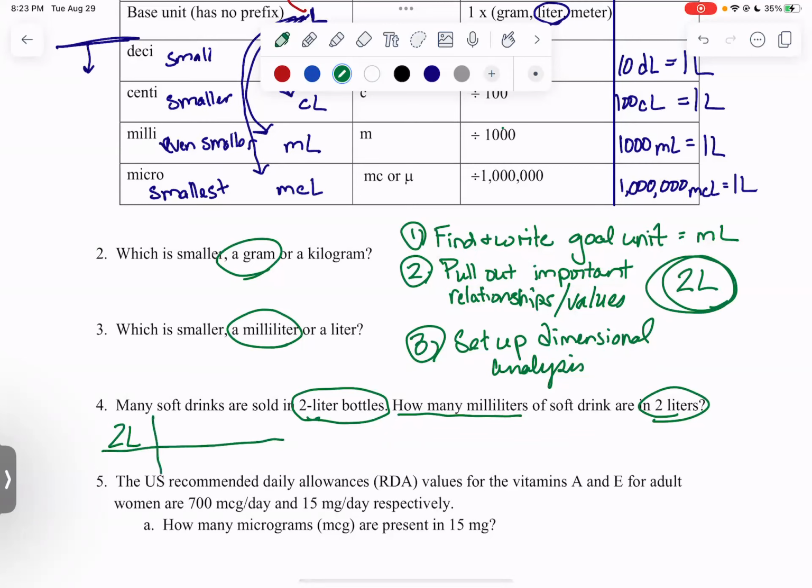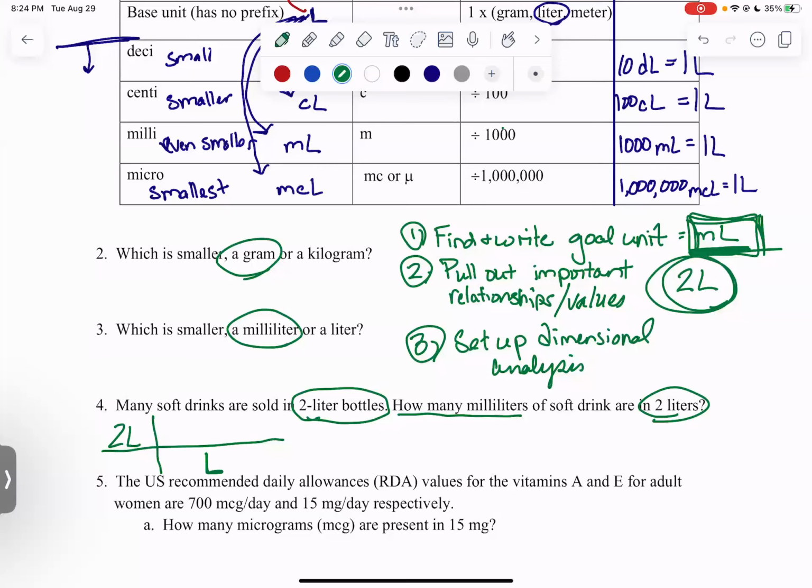I'm going to set up my fence post because I know I'm doing dimensional analysis. I'm trying to get away from liters and get to milliliters, because that's my goal. If liters is on the top, in order to get rid of it, I have to put liters on the bottom.